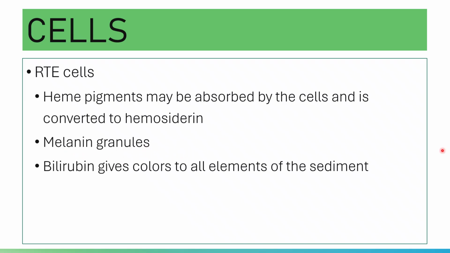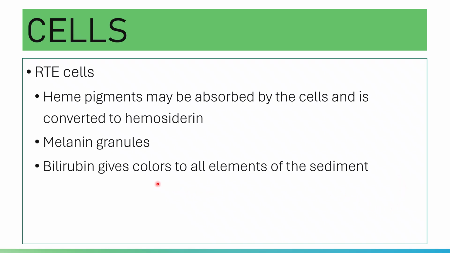And then bilirubin pigments in the urine. Please note that bilirubin colors all the elements of the sediment, including renal tubular epithelial cells and casts.